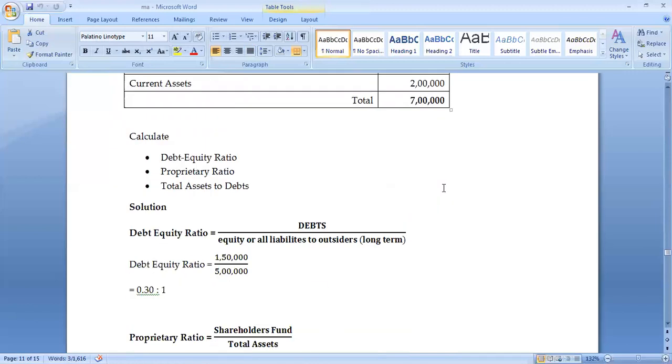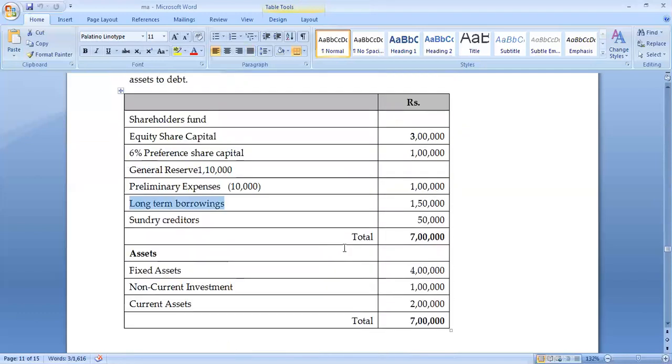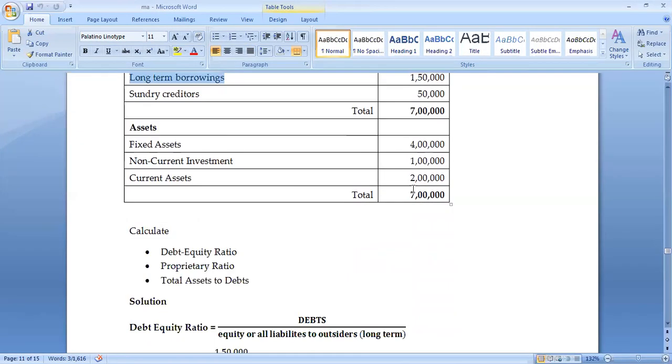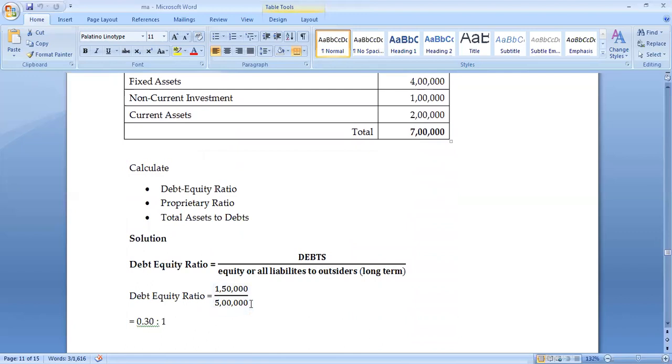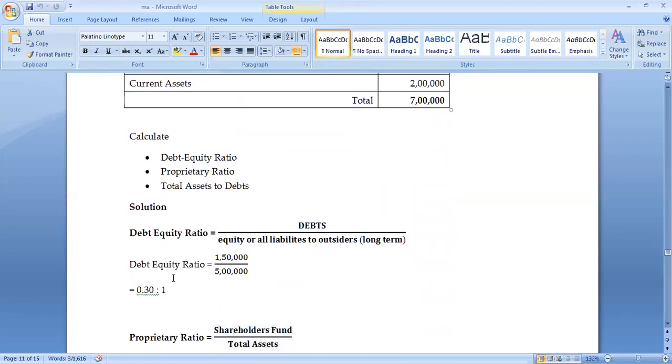Apart from this, now see what are the equity given for outsiders or long-term. 3 lakhs, so equity share capital is taken. 6% share capital is taken. As well as general reserve, they have already deducted and given you 1 lakh. So 3, 4, 5. So 5 lakh will be the equity or long-term liabilities to outsiders. Which gives you debt equity ratio as 0.30:1.